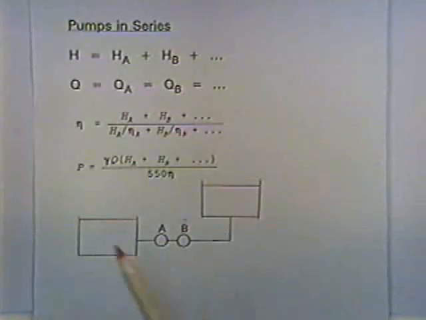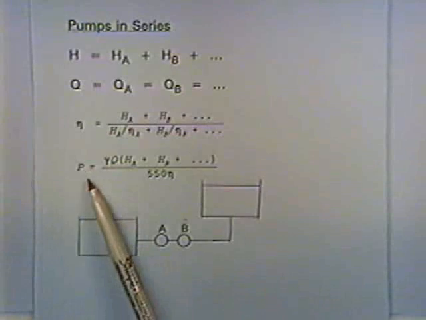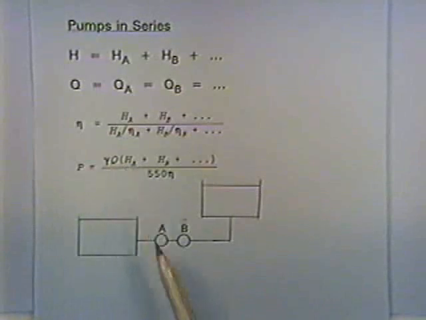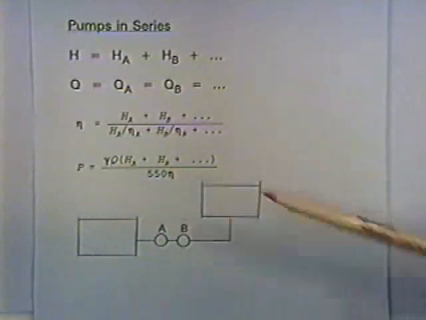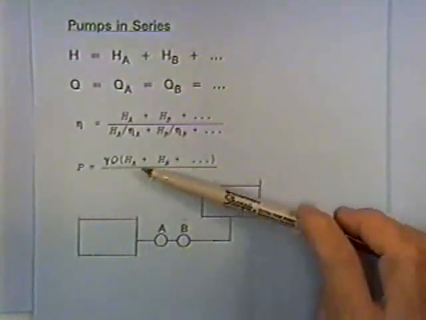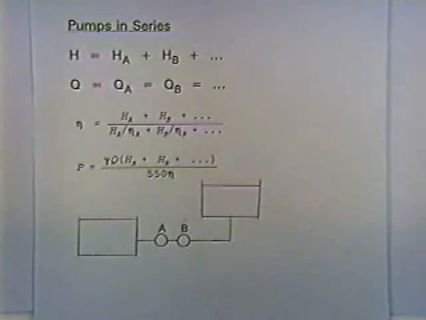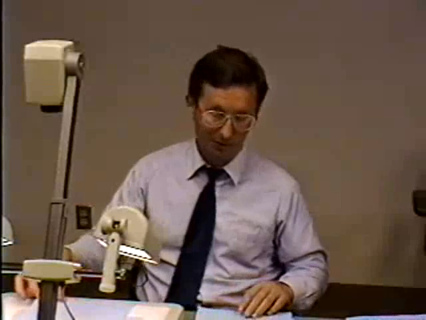And remember the basic power equation is just power is gamma QH. It's just that in this case there's two pumps, so you add the H's together to get the brake horsepower. That's the same old power equation, it's just H is HA plus HB. That's for pumps in series.